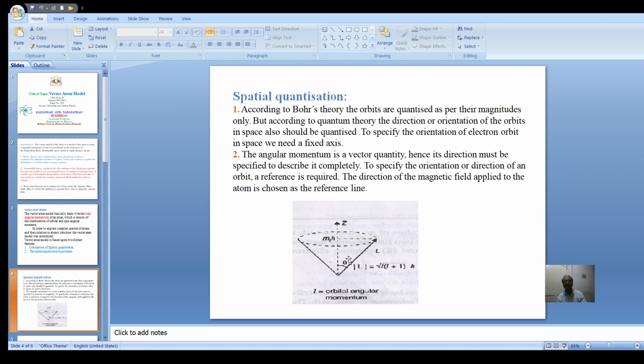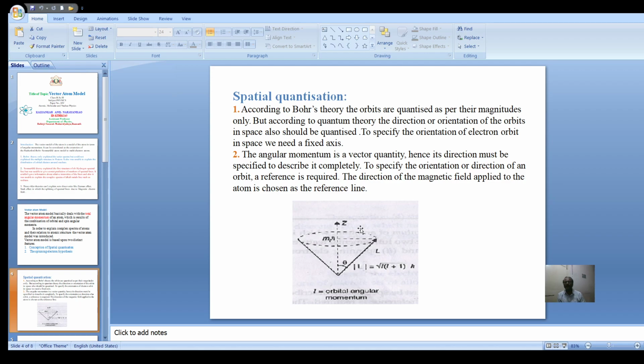So first we will see what is spatial quantization. According to Bohr's theory, the orbits are quantized, means there is some quantum condition. According to Bohr's second postulate, the angular momentum has respective values as per the values of principal quantum number n.